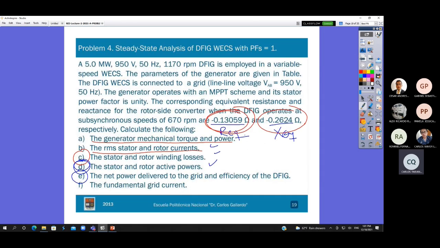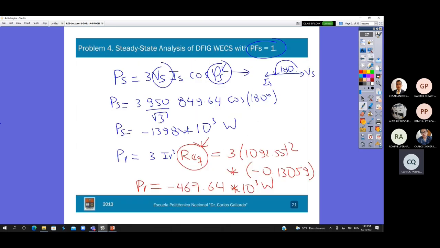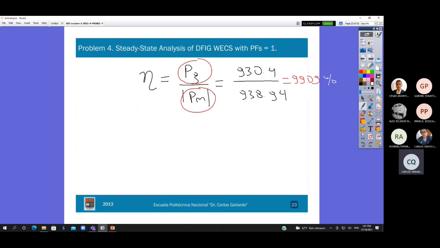So the last question, let's go back to the problem. The last question is to compute the fundamental grid current, okay? So let's compute this current for the last question, question F, okay? So we know the grid power by definition is equal to 3 times the grid voltage times the grid current.